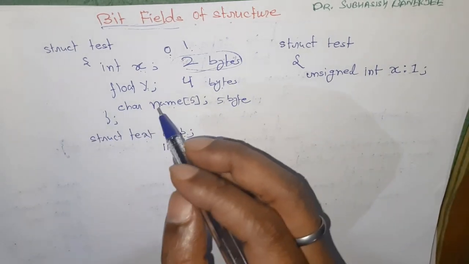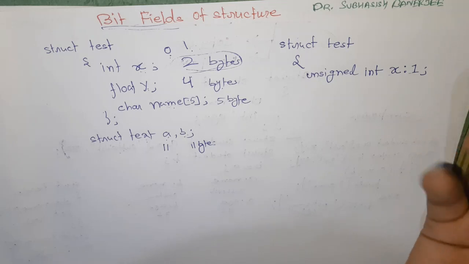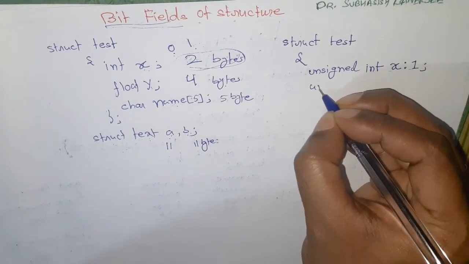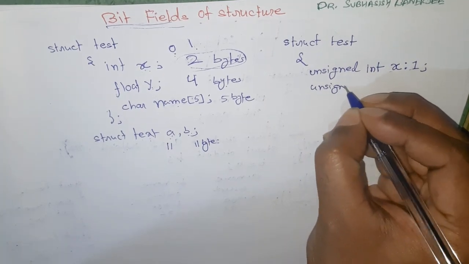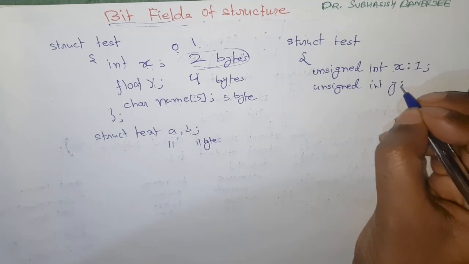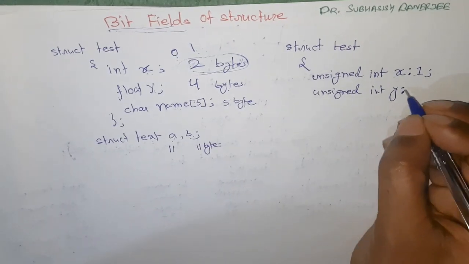Similarly, if you want to store some other data element where we do not need the 2 bytes that an integer basically occupies, you can declare as per your requirement. Suppose unsigned int y, and the bit field we specify by defining this colon.